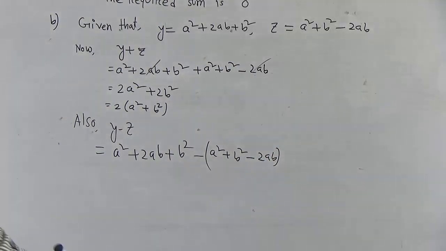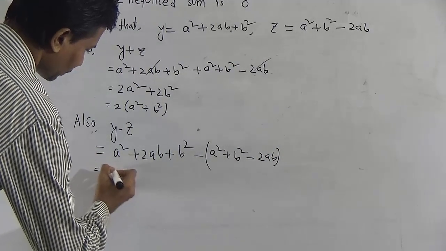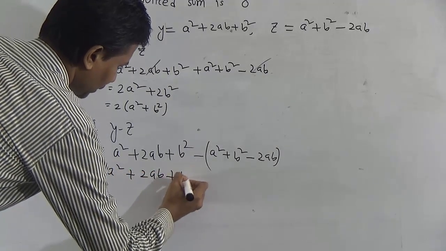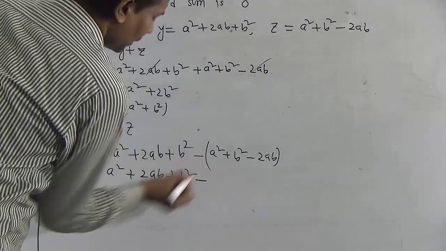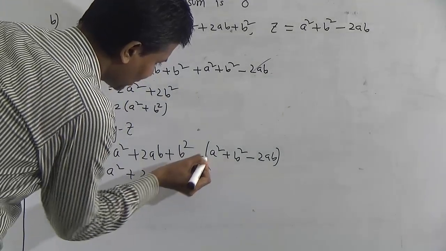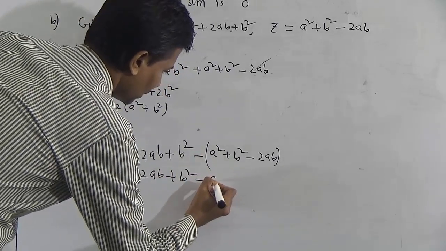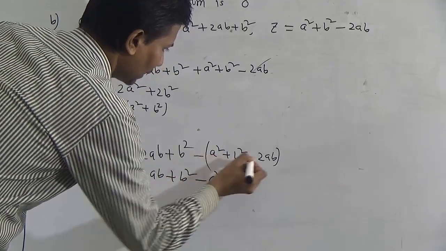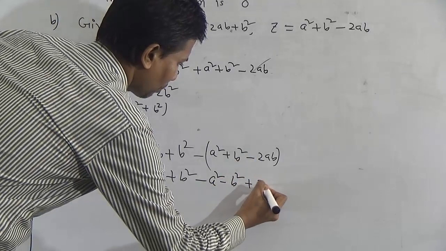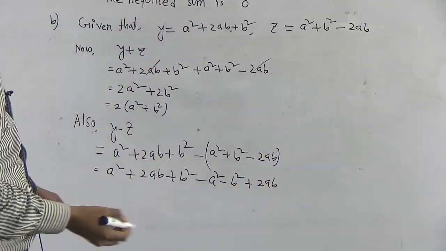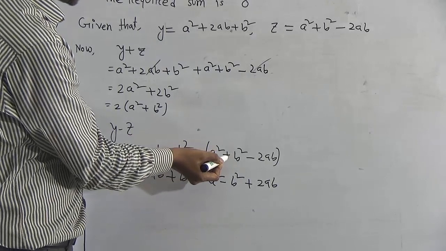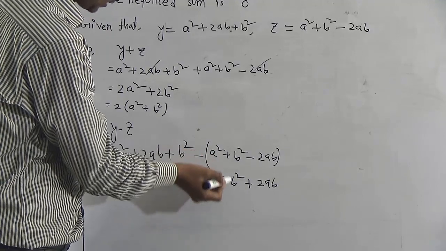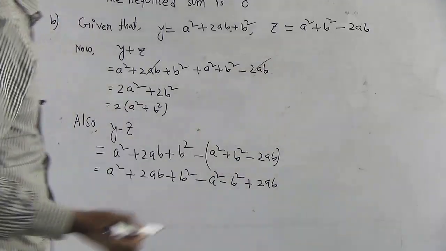Now you have to calculate: a square plus twice ab plus b square minus, you see here minus and plus. That means minus times plus is minus, minus times minus is plus.